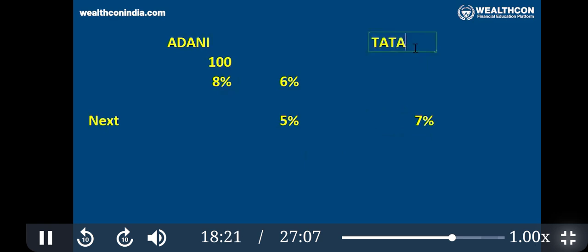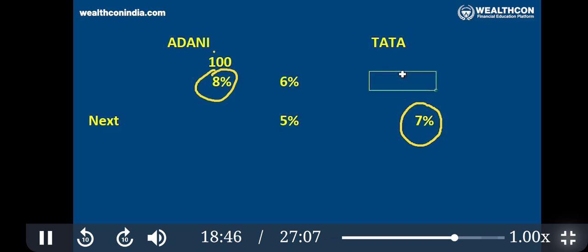Let's say Tata company, TCS, comes with the bond with a 7% coupon rate. Now you are the investor, you have the choice to invest 100 rupees and get 7%, or 100 in Adani's bond and get 8%. Now everyone will rush to buy the 8% coupon rate bond.